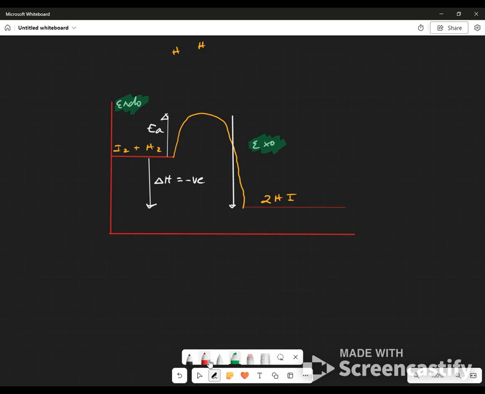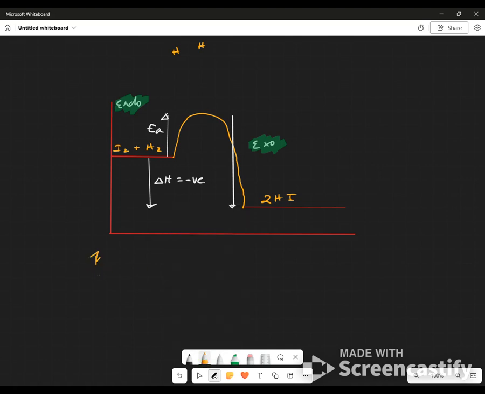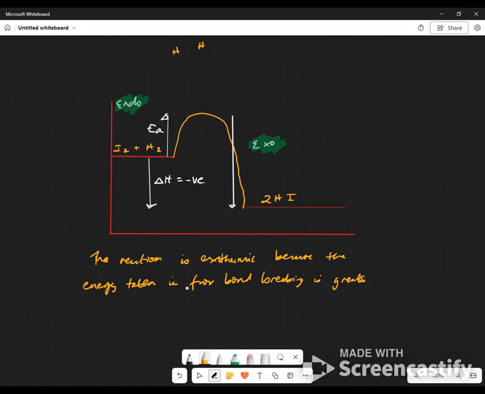How would we say that? We might say it something like this: the reaction is exothermic because the energy taken in for bond breaking is greater than the energy released in bond making.